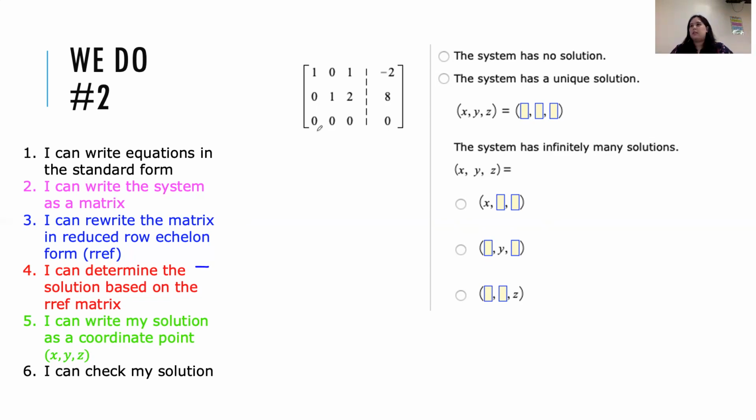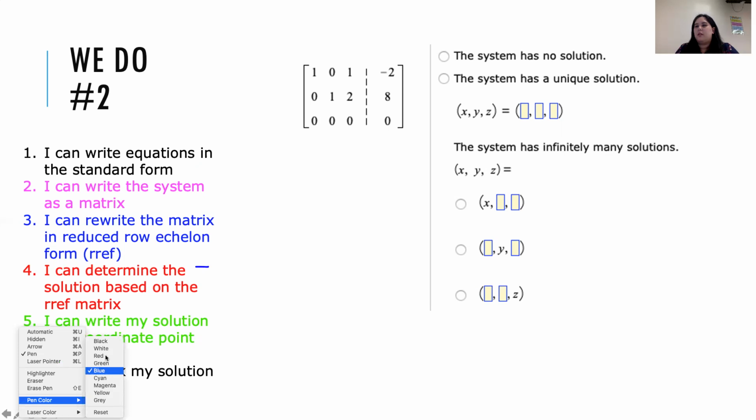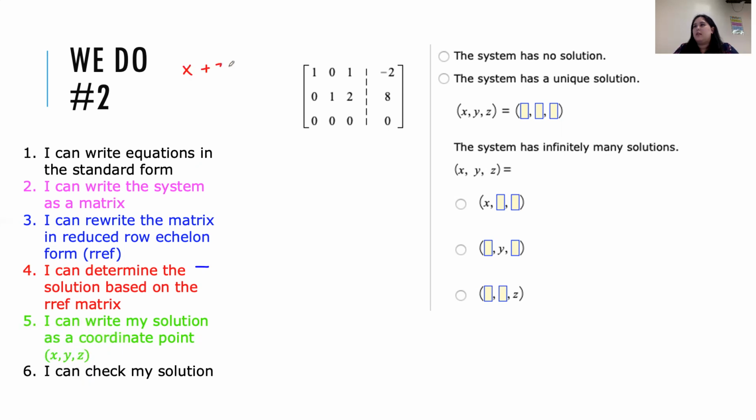So if I read this, it's already in reduced echelon form. What this is saying is that x plus z equals negative 2, y plus 2z equals 8, and then 0 equals 0.